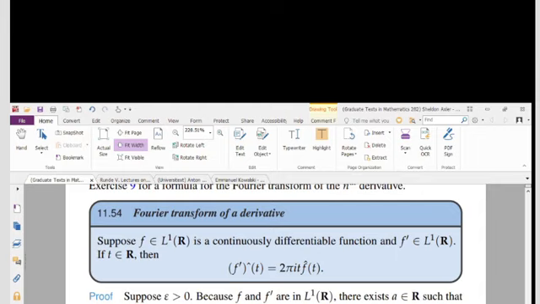You know that, please note that f prime belongs to L1.